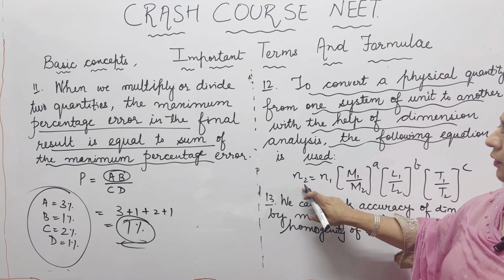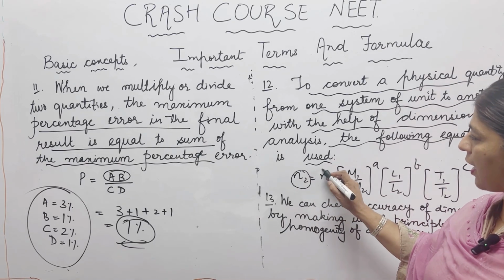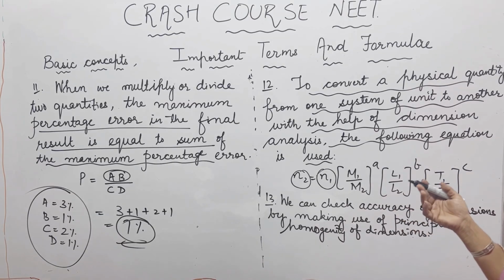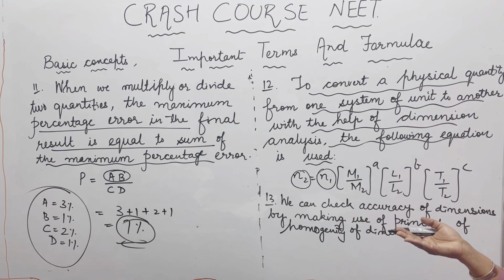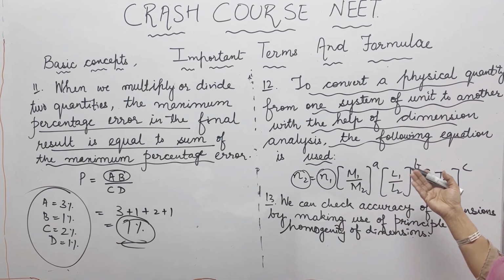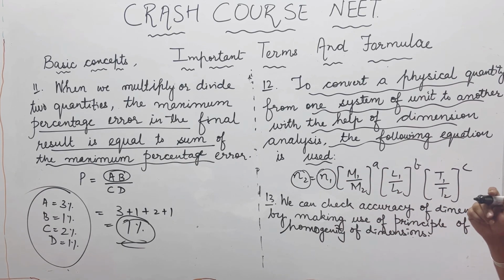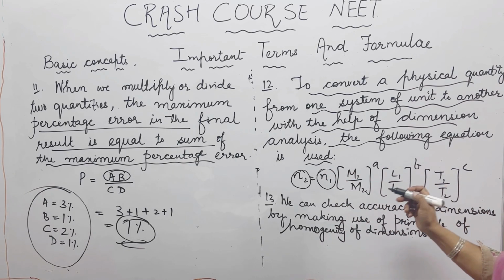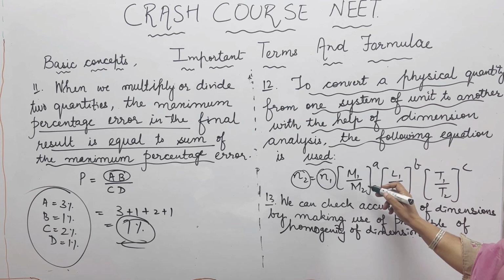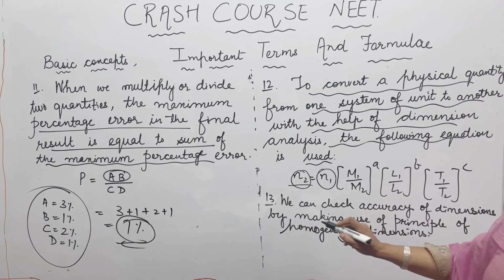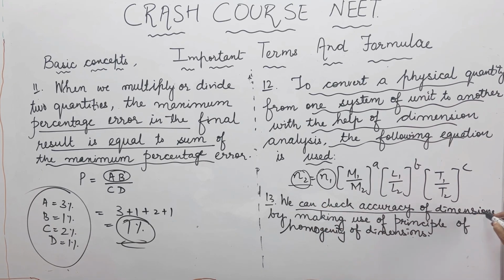Here n2 and n1 are the numerical values, and the numerical value in one system of unit can be found out by applying this relation. n1 is the numerical value in another, and by using the dimensions in these two, we can find out this value. We can check the accuracy of dimensions by making use of the principle of homogeneity of dimensions.